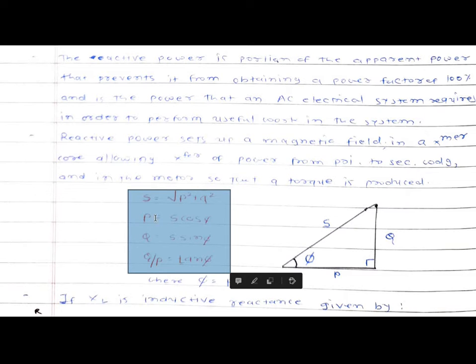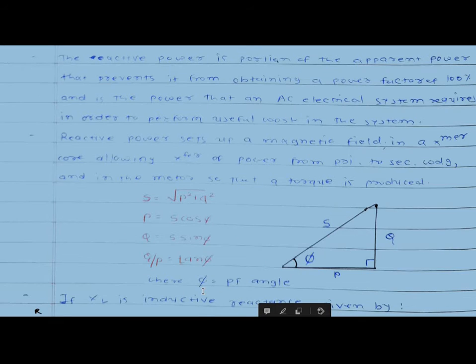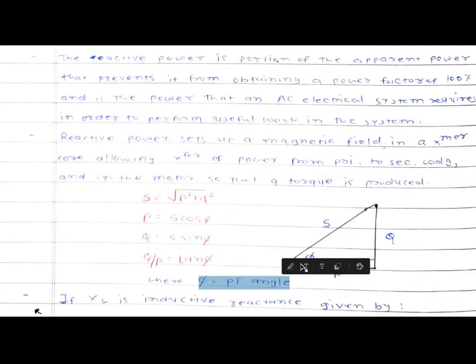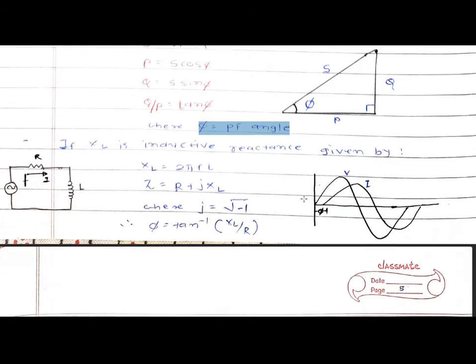Now P is given by S cos phi, and Q is equal to S sin phi, and Q by P is given by tan phi, where phi is the power factor angle.